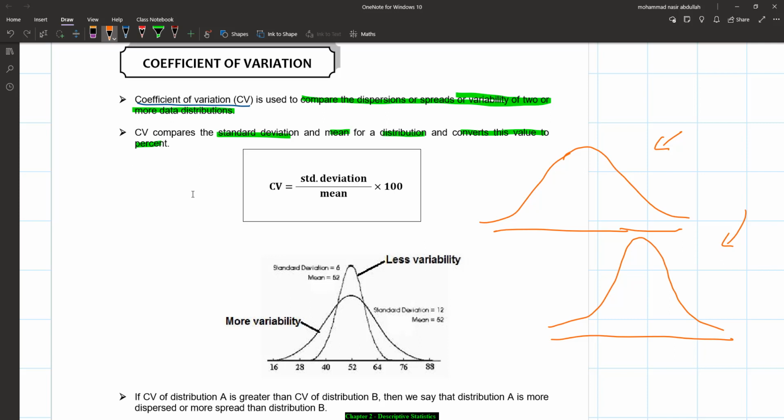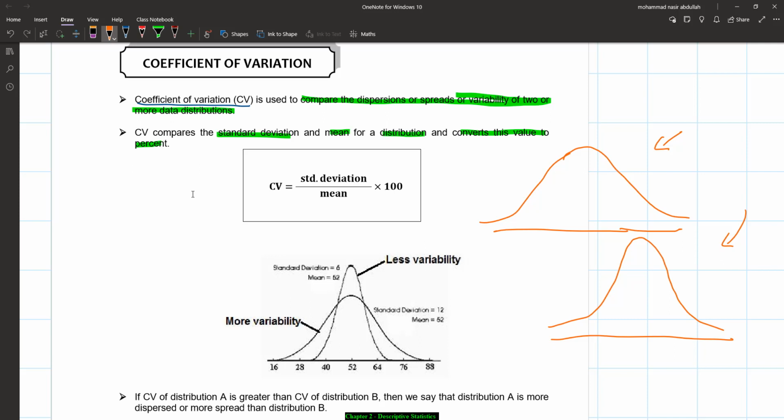But if you have more than 1,000, to draw a graph and look at every single variable to compare the distributions might be impractical. So that's why the coefficient of variation comes to help you identify which one is more spread and which one is more consistent by looking at the value.